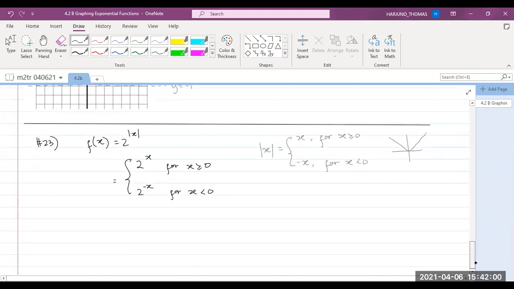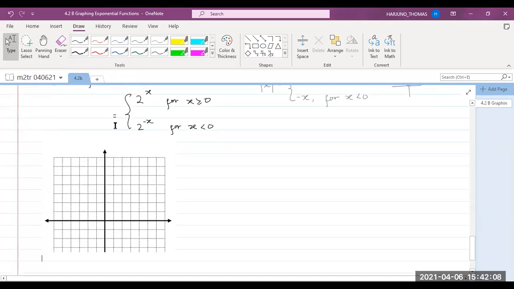So basically on the positive side, we will graph 2 to the x. For the negative side, we will graph 2 to the negative x. Okay, so 2 to the x on the positive side will be like this. That's the graph of 2 to the x on the positive side. It's supposed to look like this.